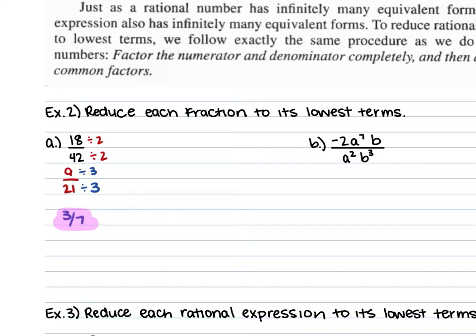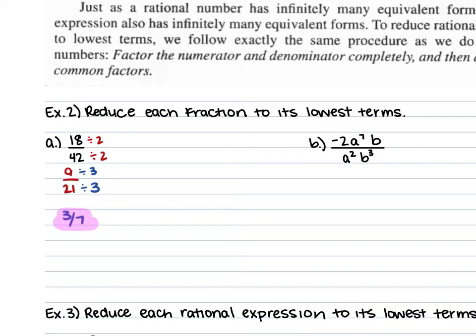For example B, we're given negative 2a to the 7th power b all over a squared b cubed. Now, when I do these and I want to visually see all of my parts within my numerator and my denominator, I separate it into multiple fractions, because I know that the entire term in my numerator is the same exact thing as saying negative 2 times a to the 7th power times b.